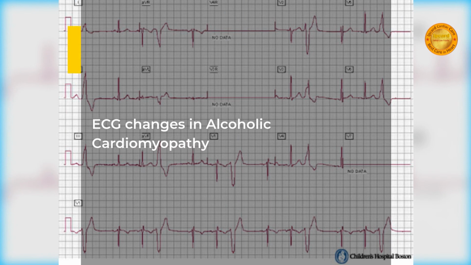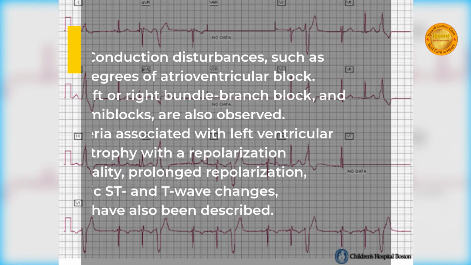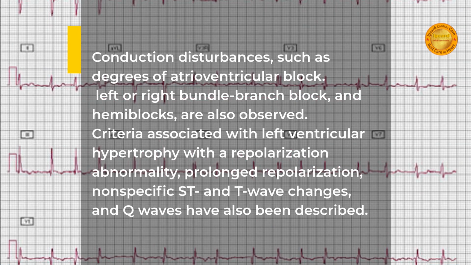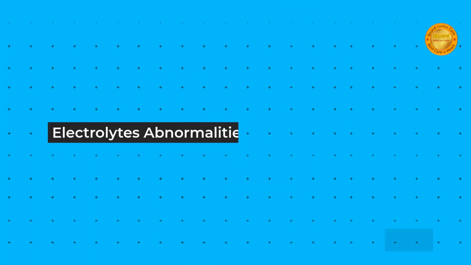ECG changes in alcoholic cardiomyopathy: conduction disturbances, such as degrees of atrioventricular block, left or right bundle branch block, and hemiblocks, are also observed. Criteria associated with left ventricular hypertrophy with a repolarization abnormality, prolonged repolarization, nonspecific ST and T wave changes, and Q waves have also been described.